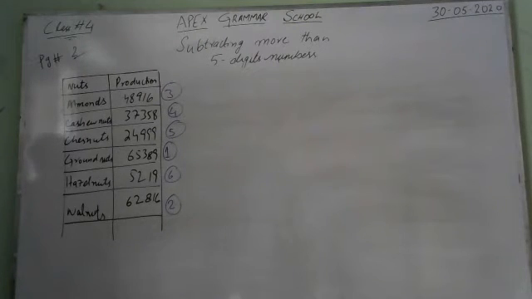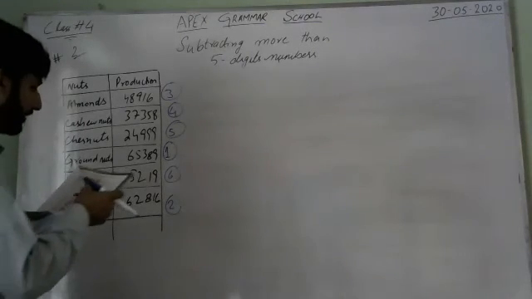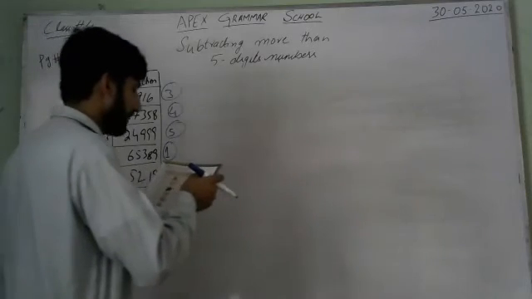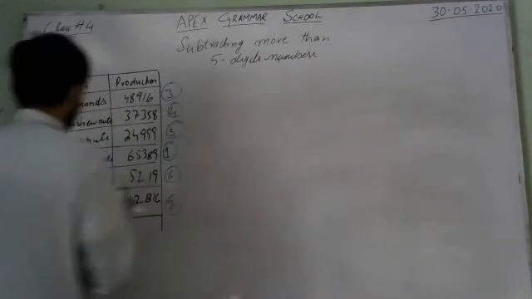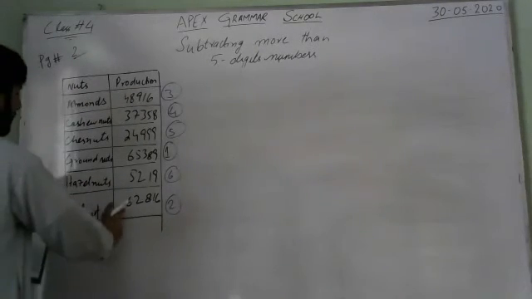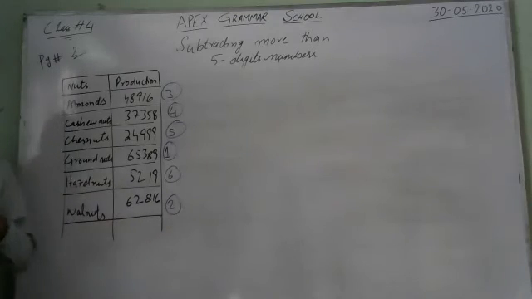B part of this question is how many fewer cashew nuts were produced than walnuts. We have to find out the difference between both values. First one is cashew nuts and then walnuts. Walnut value is greater, so we will write it at the upper side.